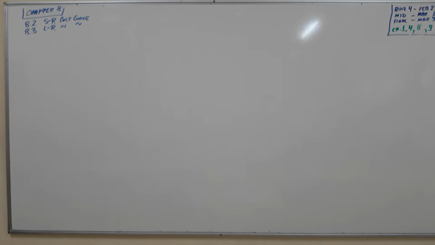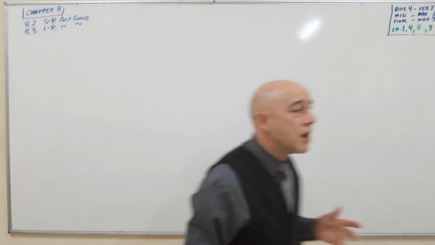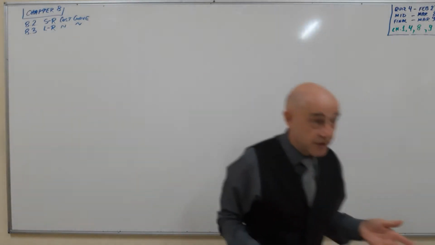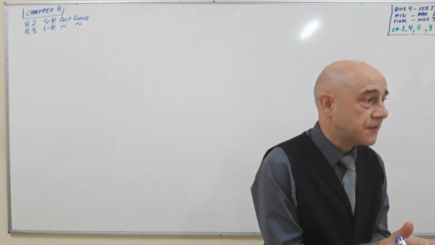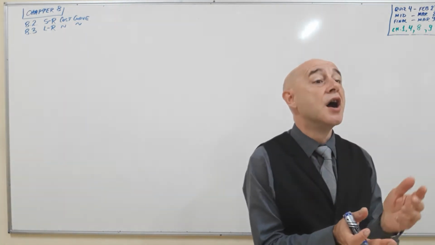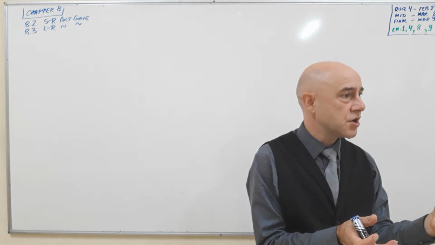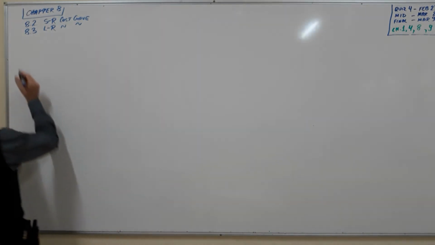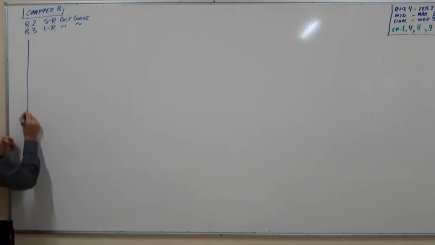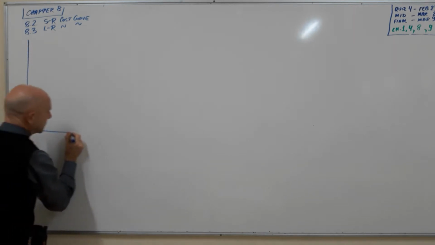And this section 8.3 is very good for a midterm question, which is, what is the main difference between the short run cost curve and the long run cost curve? All right, let's draw the picture.